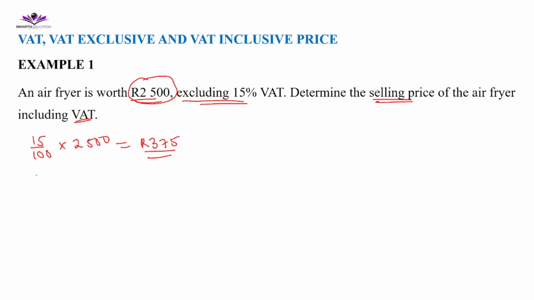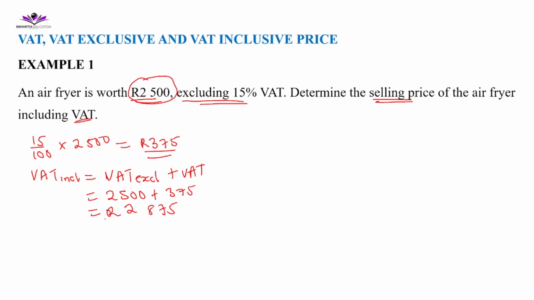And then we say that VAT inclusive price is equal to VAT exclusive price plus the VAT amount. So it's going to be 2,500 plus 375, and then it becomes 2,875. That is the VAT inclusive price. The other thing we can do is to use the formula that I gave you.